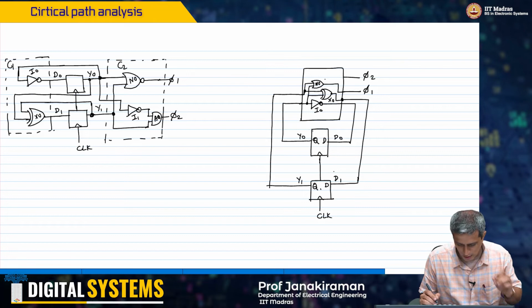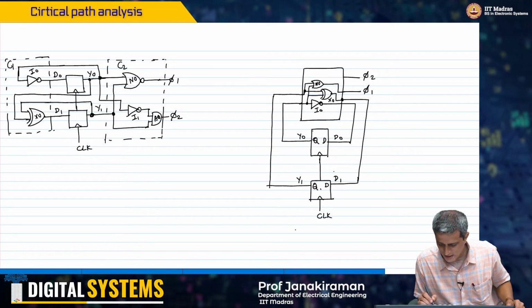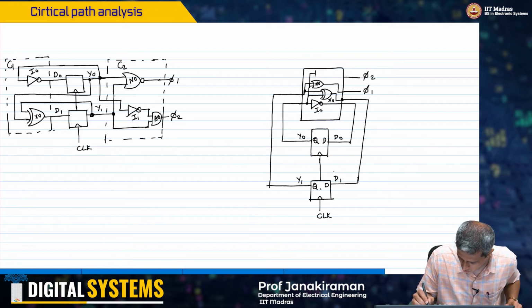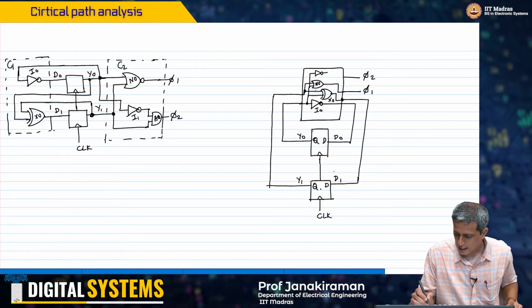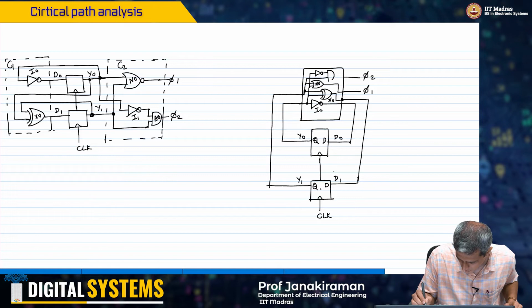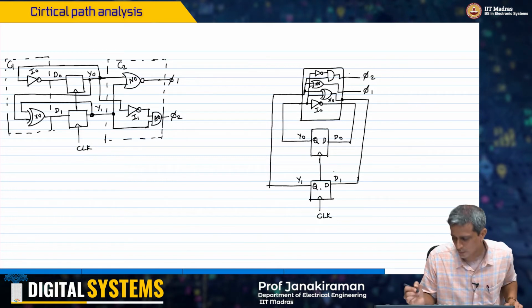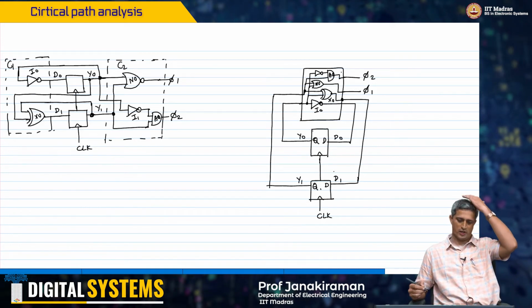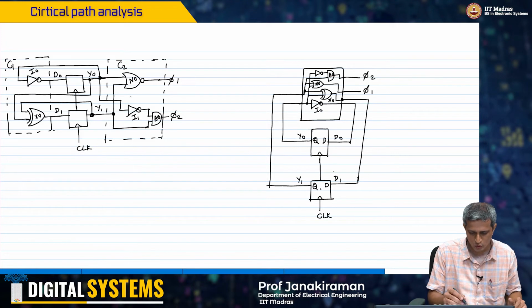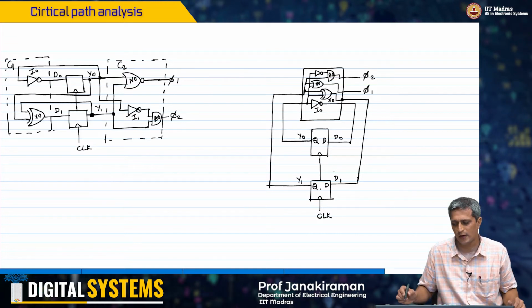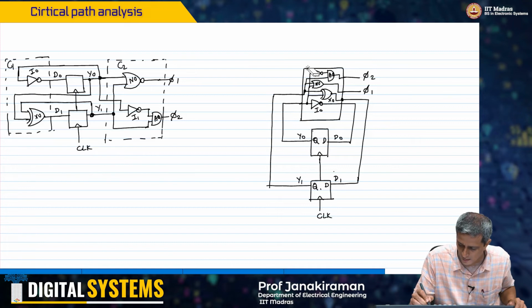And then I'm going to invert y0 and pass it through an AND gate along with y1. So this is my A0 logic. So I have 1, 2, 3, 4, 5 gates represented here, right?